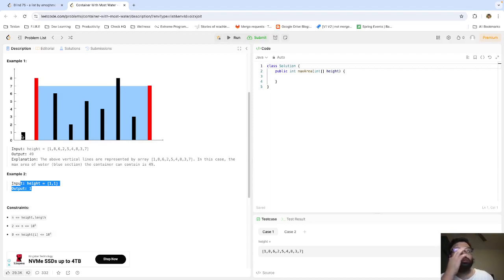Okay, let's say we start from the beginning. We keep track of the highest tower. So there can be a local maximum. And we keep track of the max area so far. First two we calculated, and the third one comes.